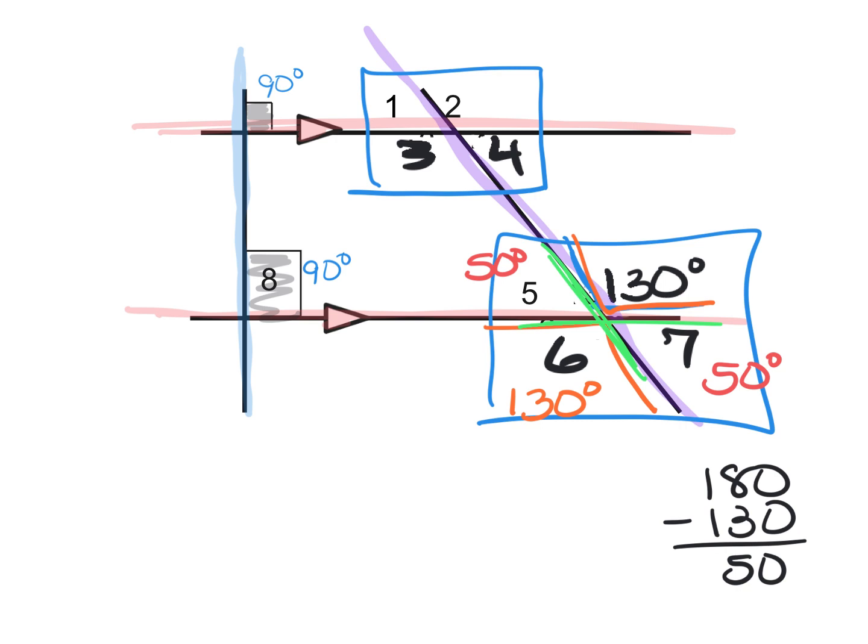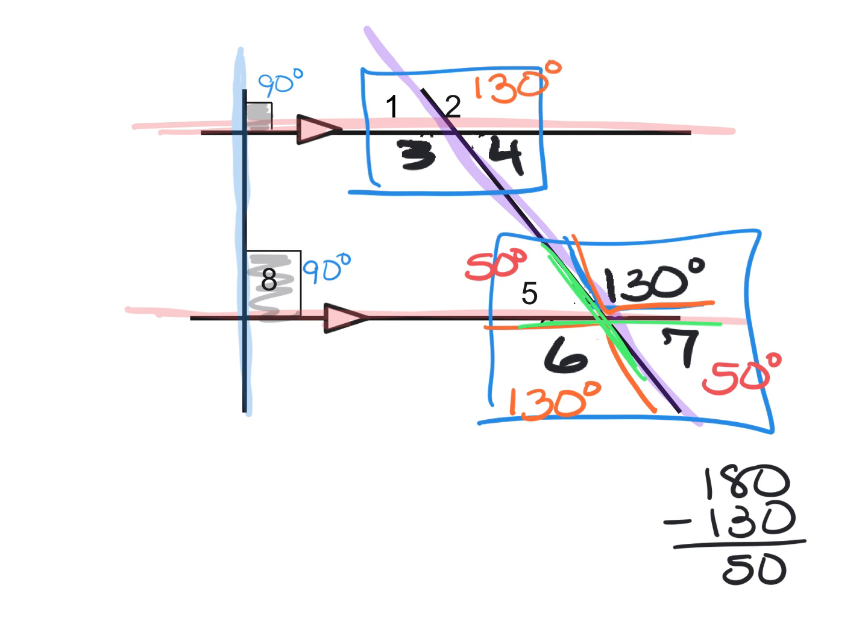So what would be an alternate exterior angle to 6? What's alternate exterior to 6? Gabrielle? Good. Angle 2 is alternate exterior to 6, and we just learned that alternate exterior angles are congruent.